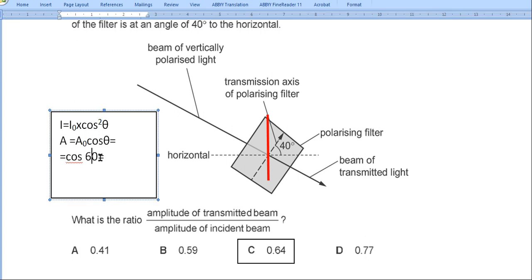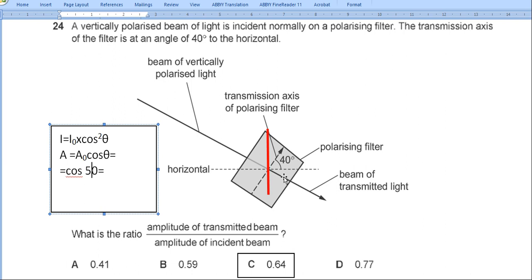Let me change this to 50. Right. And cosine squared 50 equals 0.64. So answer is 0.64. So the angle is complementary to 40, so it makes 90 degrees.